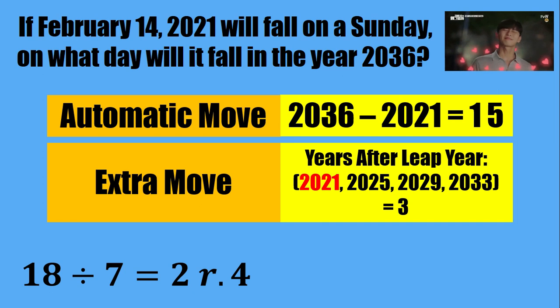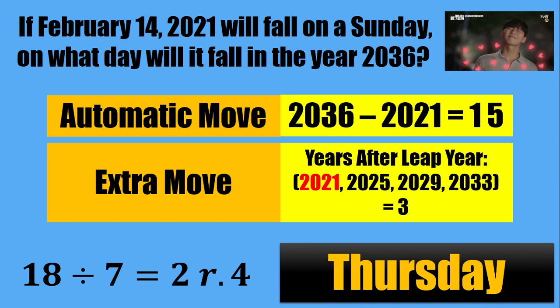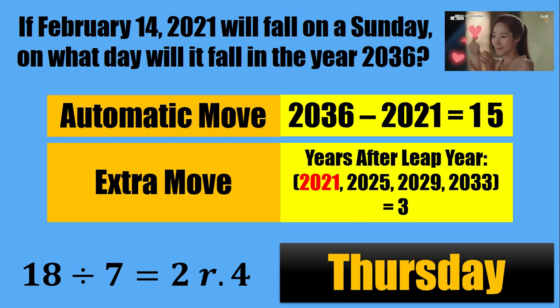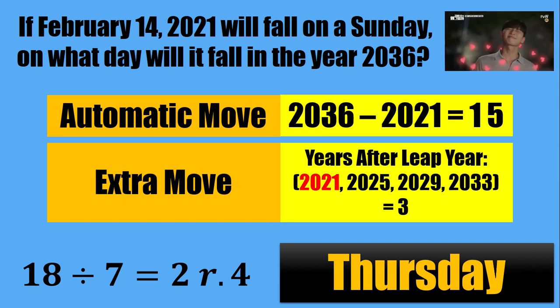So Sunday, add 4 days: Monday, Tuesday, Wednesday, then Thursday. So February 14, 2036 will fall on Thursday. You can verify it, you can check your calendar, or you can search it in Google. Valentine's Day for 2036 will be on Thursday.